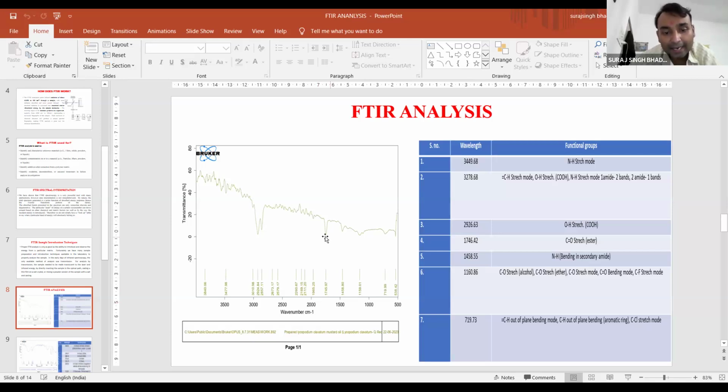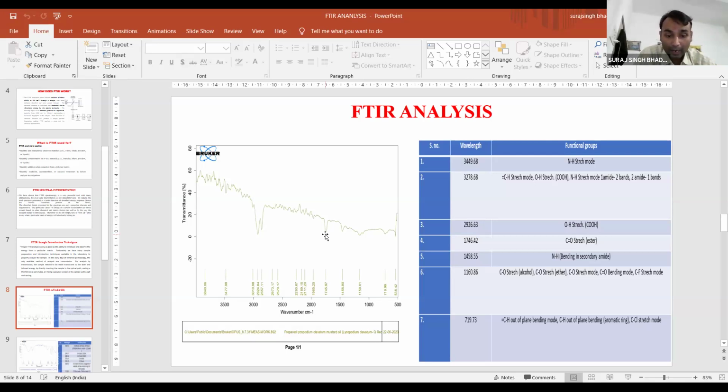So this highest peak may be a carboxyl group, a CNH bond, an oxygen hydrogen bond, a nitrogen hydrogen bond, aliphatic compounds, and a number of functional groups are there. So what type of functional group it is depends on the solvent system. Suppose the solvent system is alcoholic base, so generally it is very, very important to know about this.